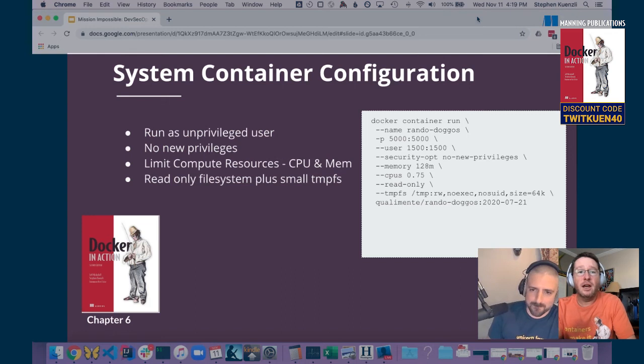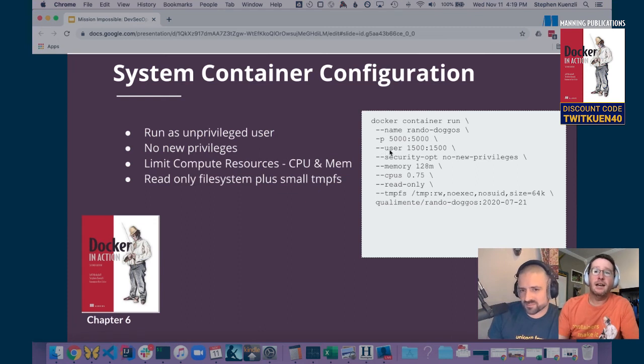First, by running as an unprivileged user, that's the --user line on the example command here. You can turn on the no new privileges flag, which means that the container won't be able to escalate and add privileges once it's running.